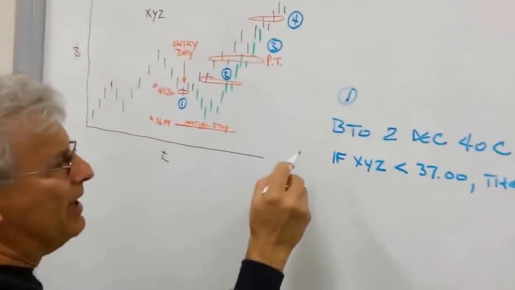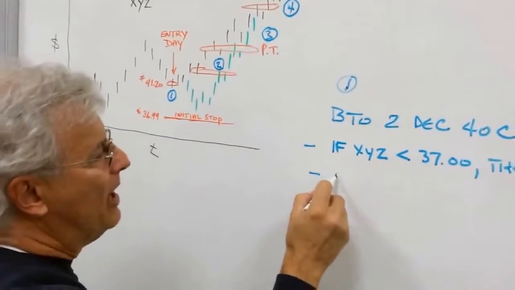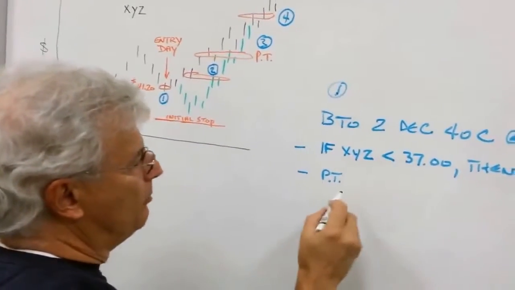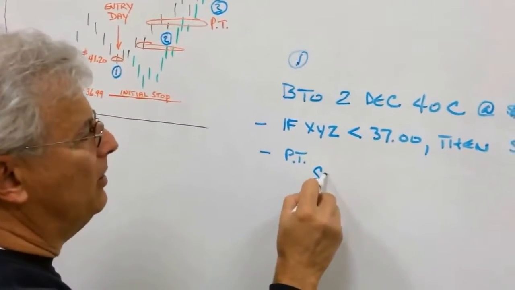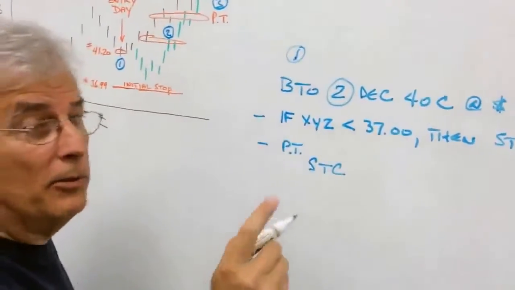Okay, now at the same time we enter the initial stop, we're going to enter the profit target. And we do that right directly with the option. We're going to say sell to close. Since we are long 2, we want to sell half now.